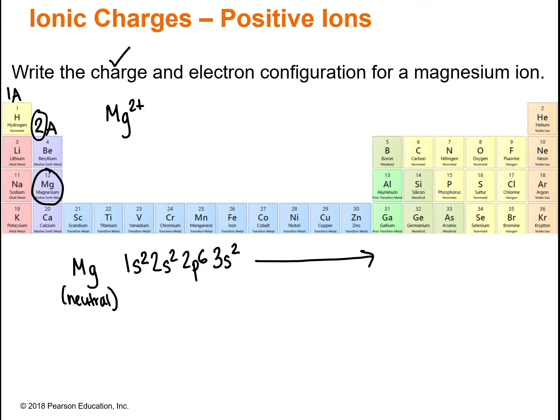We said that magnesium is going to form a positive ion, so that means it's going to lose some electrons. What electrons are we going to lose? 1s, 2s, 2p, or 3s? Exactly, we're going to lose the 3s. Why? Because these are the valence electrons.